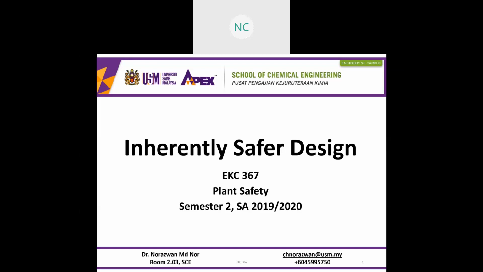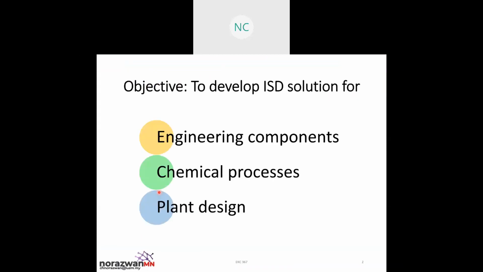So, inherently safer design for plant safety. The objective of the inherently safer design solution is to enable you to develop your own ISD analysis for engineering components, together with your chemical processes.